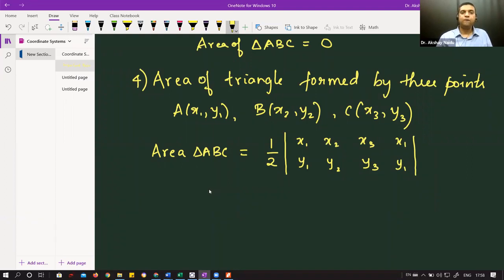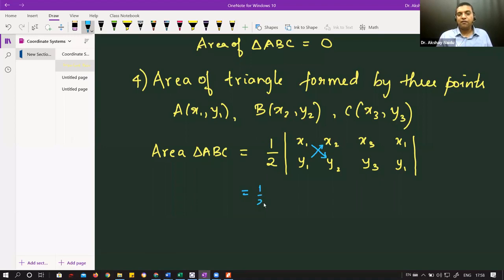Now how do you find the area? You do multiplication in this manner, from top left to bottom right. You multiply these two terms, it is positive, and multiply bottom left to top right as negative.